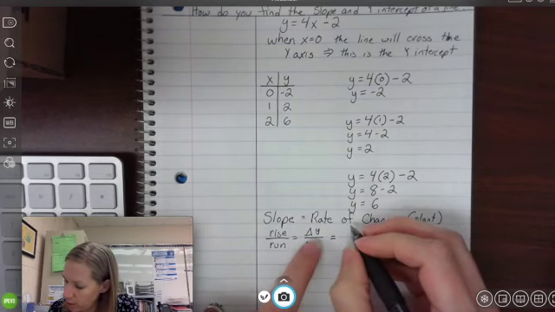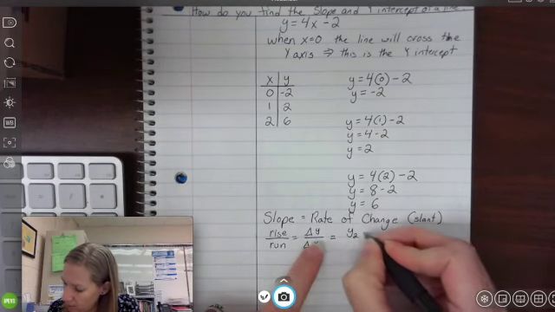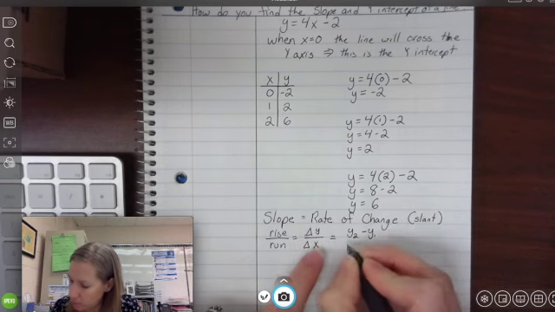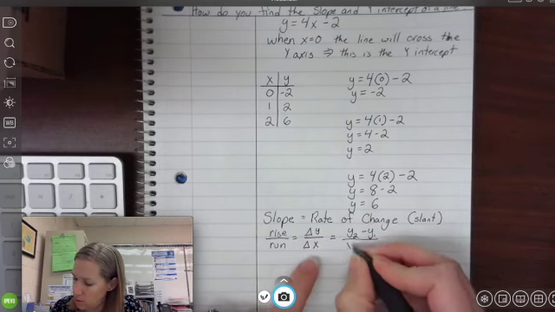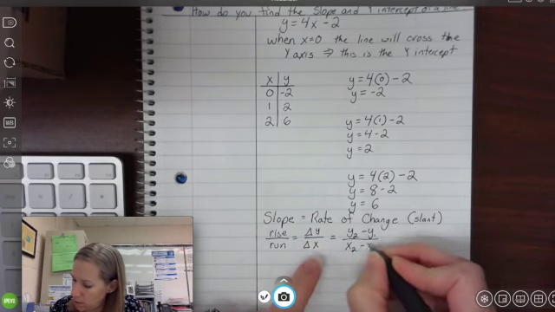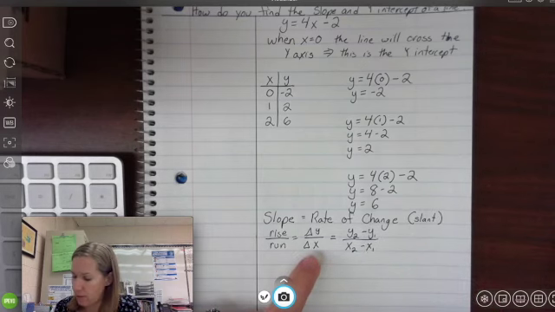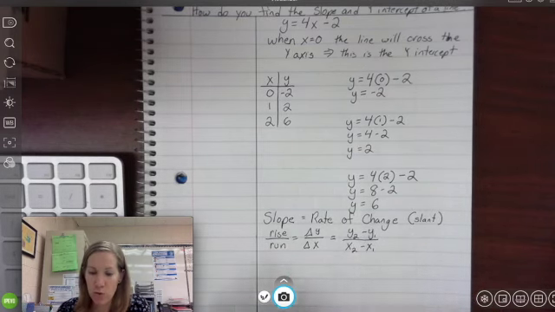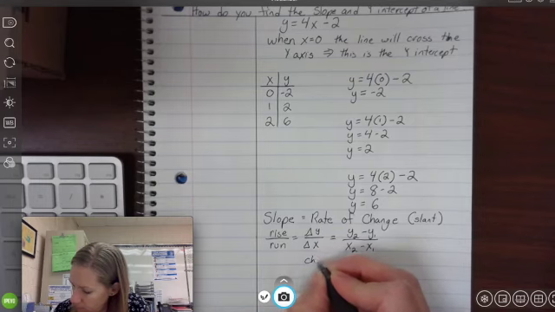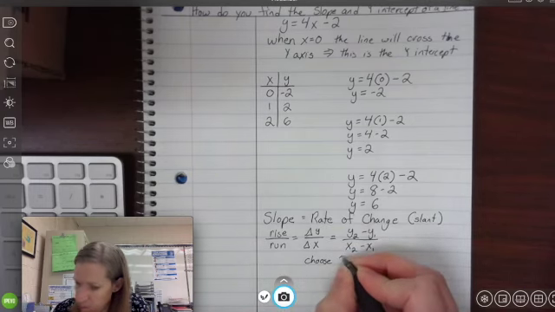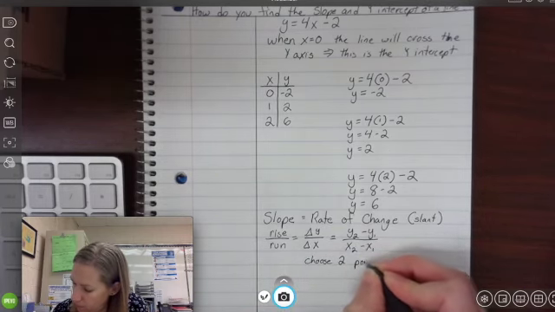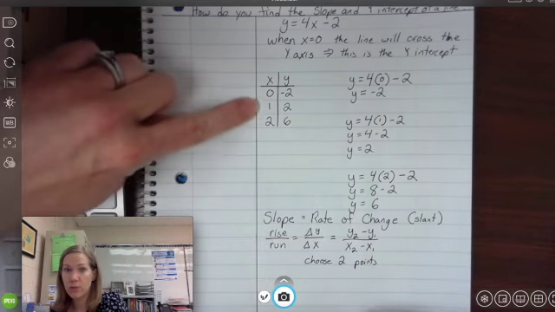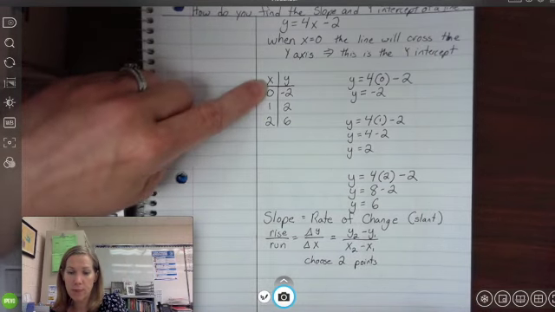So remember, our change in y, we're going to subtract our y values over our x values. So here you're just going to choose 2 points. And you can choose any of these 2 points that you want to.